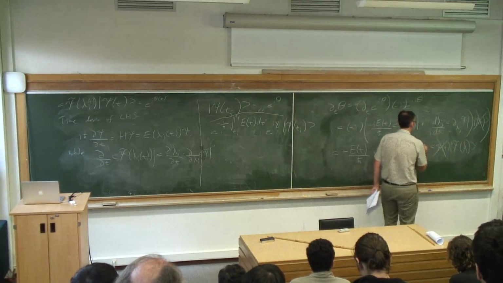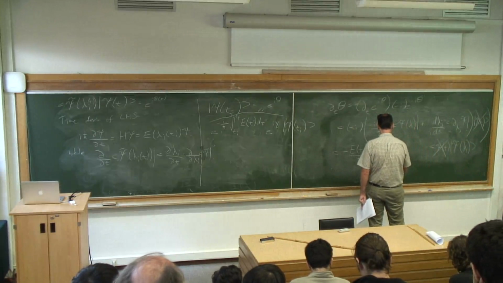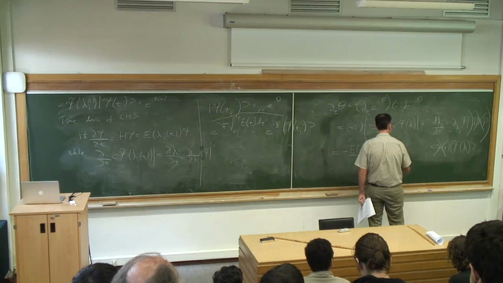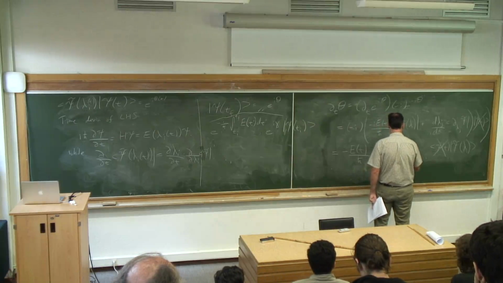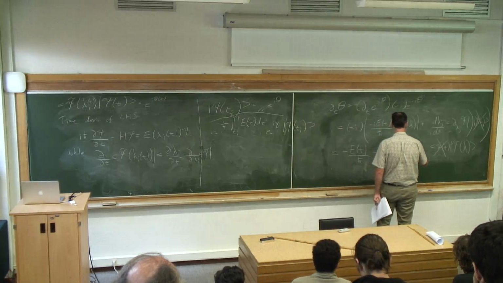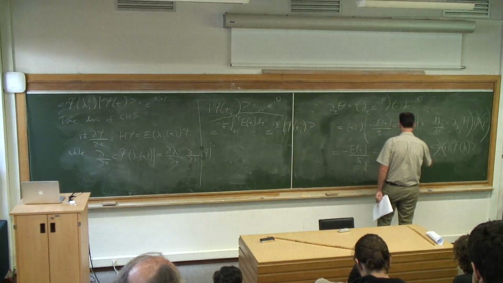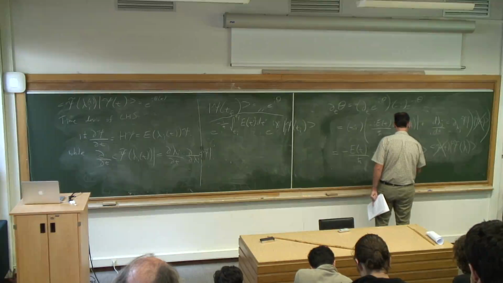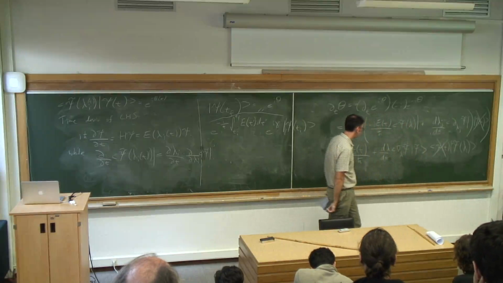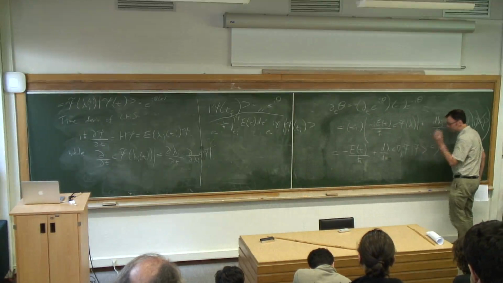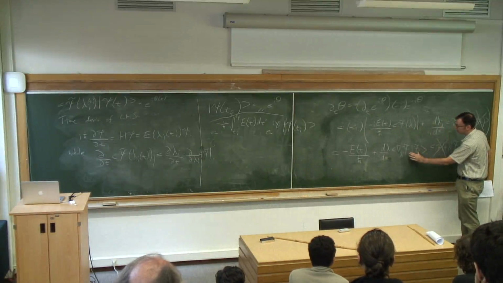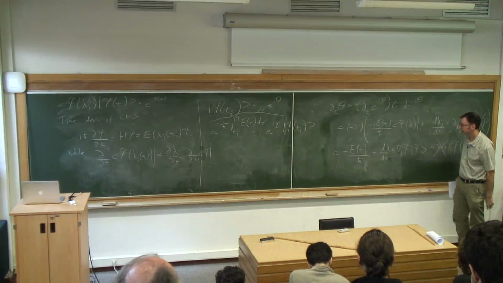Well, let's write it out first. dt of, let's write it this way, grad lambda psi twiddle. And note that, because of the normalization of psi twiddle, this is pure imaginary. If I flip it, I get a minus sign.